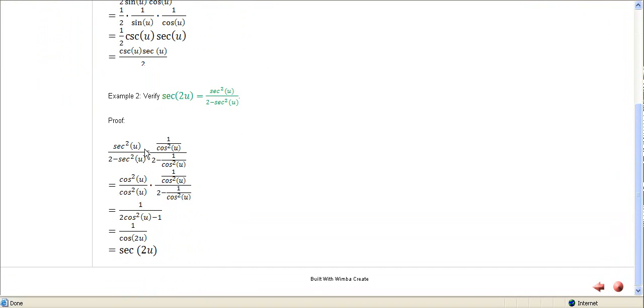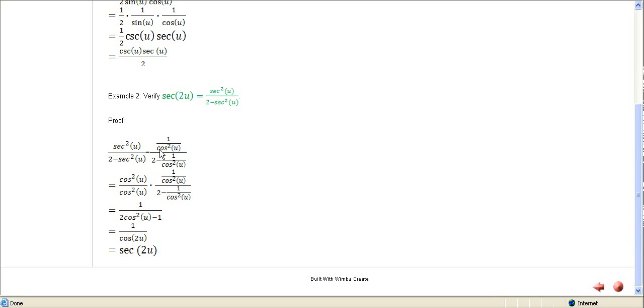And then the last example, verify secant of 2u is secant squared u over 2 minus secant squared u. There's several ways to approach this problem, but the first thing I did is to recall that secant squared u is 1 over cosine squared u, divided by 2 minus secant squared u, which would be 2 minus 1 over cosine squared u.